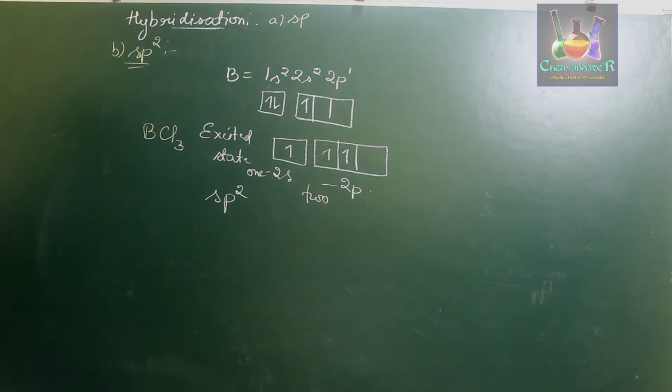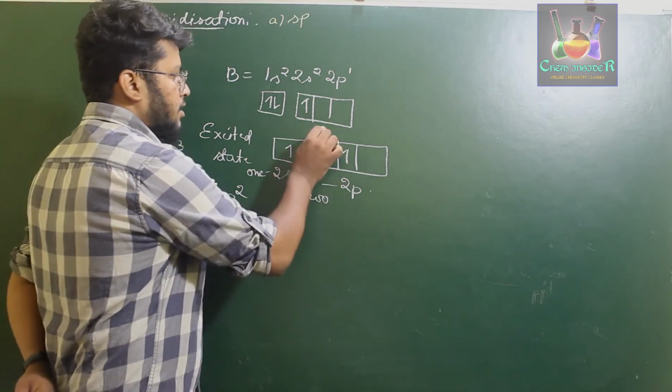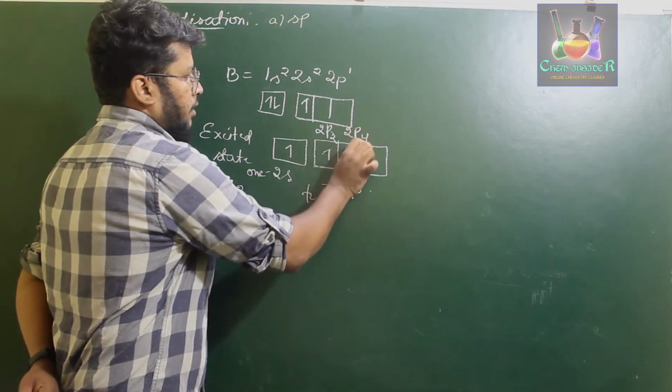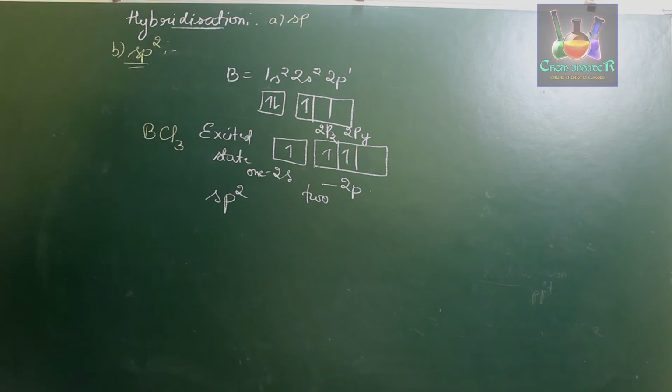Now for the sp2 hybridization, let us consider the two 2p orbitals as 2pz and 2py.